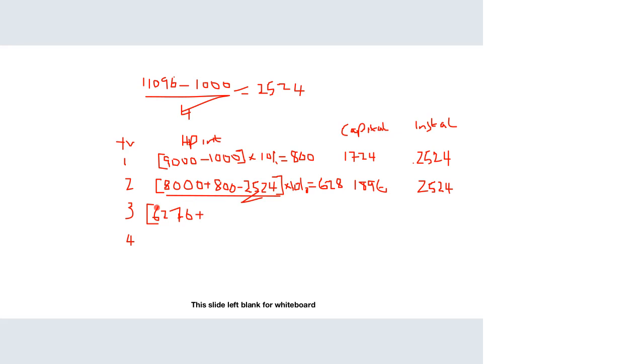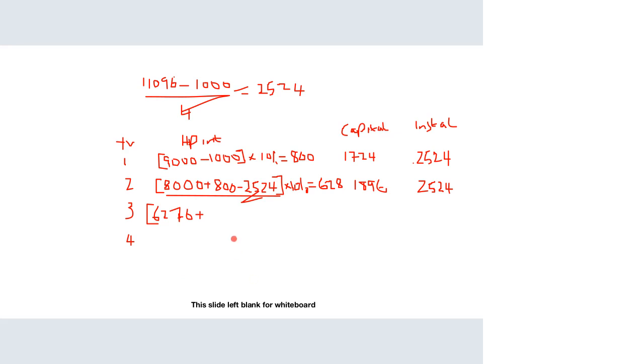Please, if you don't understand how I've got the 62.76, you can ask. What we have done is we have taken the 8,000 shillings plus 800 and then we subtract 25.24. That is how we've got the 62.76. So that will be our outstanding balance.